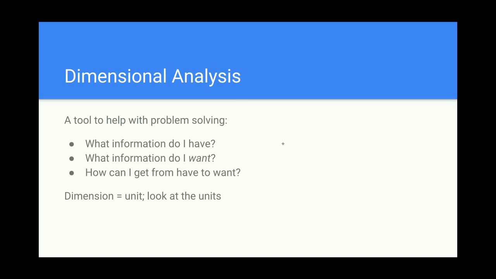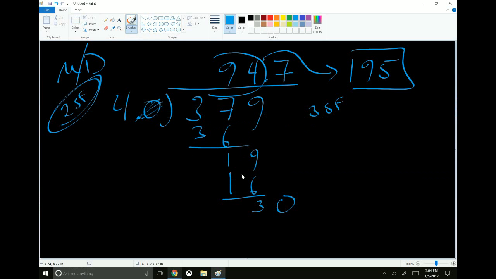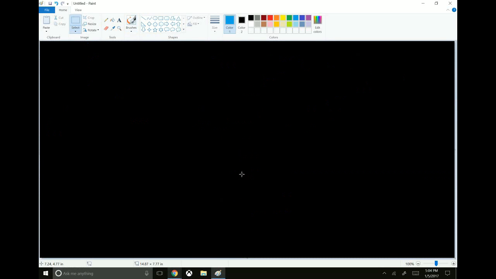Okay? Dimensional analysis is a tool for problem solving because it's a way of trying to understand the information you've been given in the problem. So you look at the problem, you say, what information do I have, what information do I want, and how can I get from what I have to what I want? So you look here, just a random-ish example.